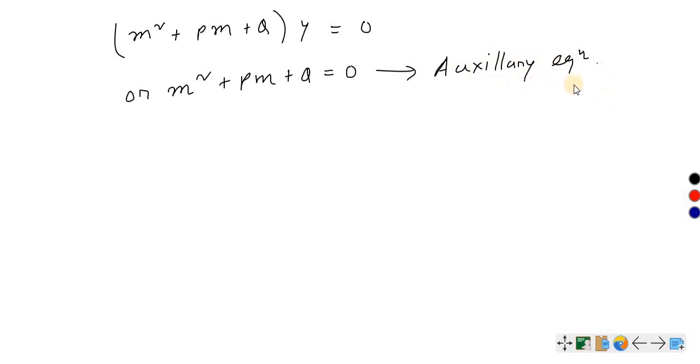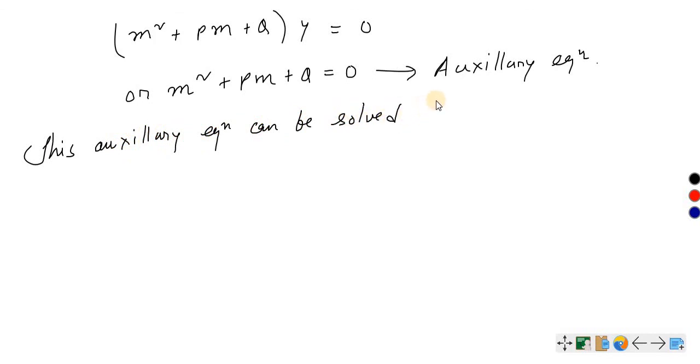Now this auxiliary equation can be solved in 3 ways, depending on the nature of the root m.